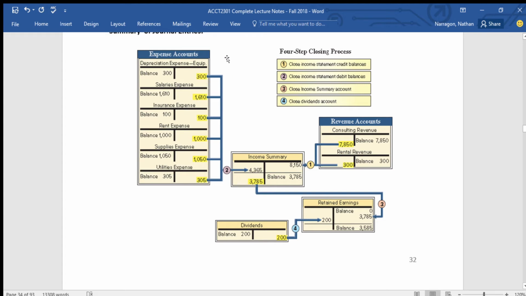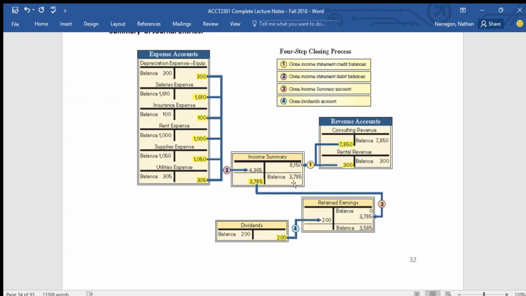Then we take our expenses. We credit each one of those to make them down to 0. That's our debit in income summary. The difference between these two is our balance of $3,785. Again, you must find the balance of income summary before you move on after you've done the first 2 steps.